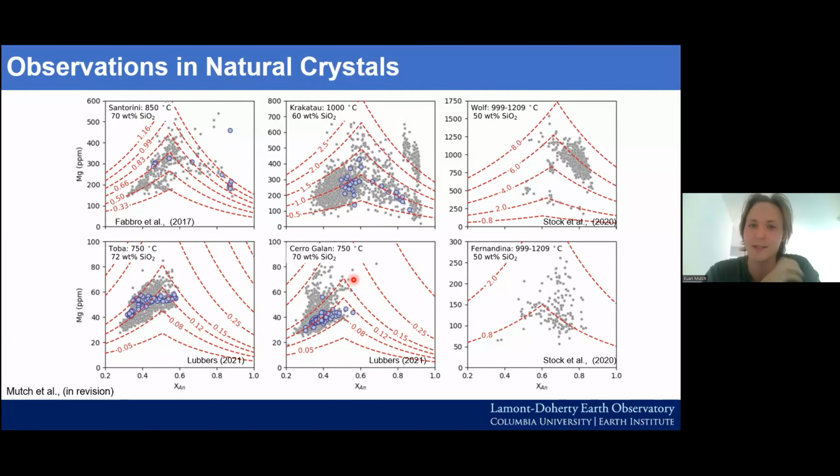And obviously there's going to be disequilibrium in natural systems that cause things to deviate away from these curves. But it's quite interesting to see that our model curves agree quite well with some of the natural data. Even in, say, this Fernandina sample, which has some very evolved plagioclases, and there's potential evidence to suggest that these have equilibrated, we potentially see this flip in behavior.